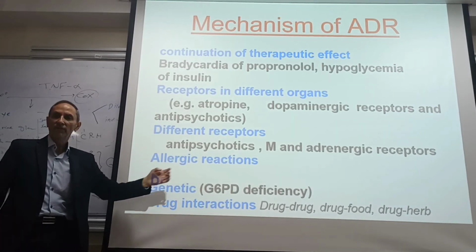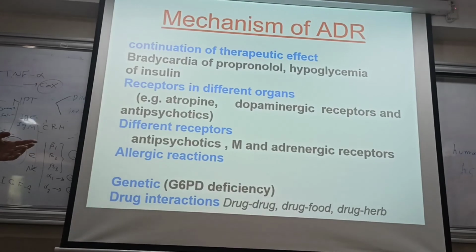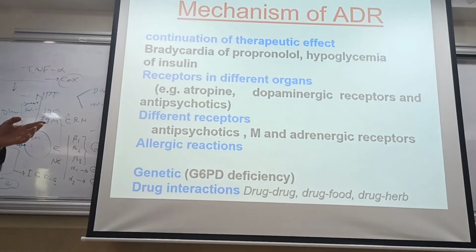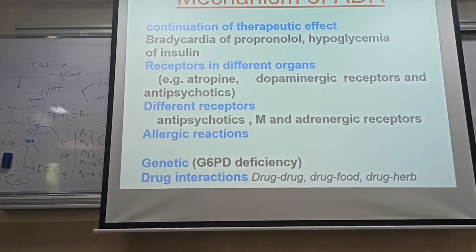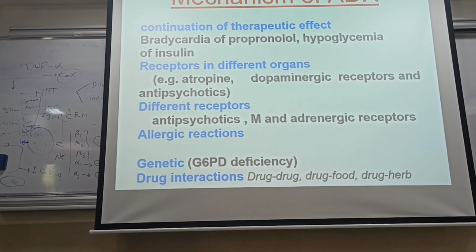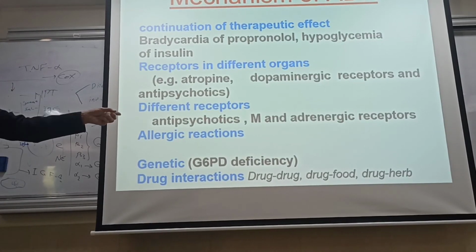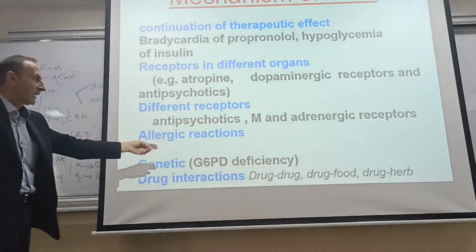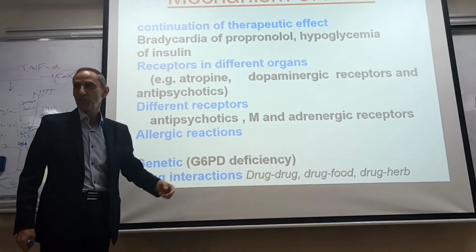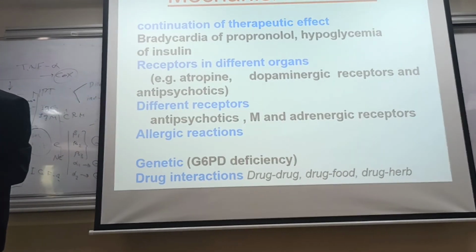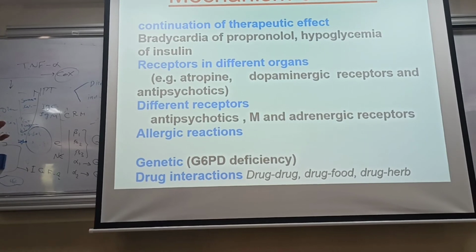In G6PD deficiencies, some drugs can cause hemolysis. For example, in antimicrobial drugs, we have sulfonamides. And all sulfonamides can cause hemolysis in a special population when we have G6PD deficiency, glucose 6 phosphate dehydrogenase deficiency.